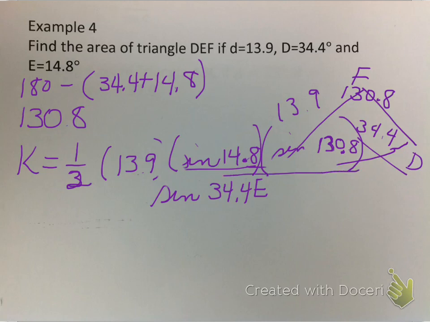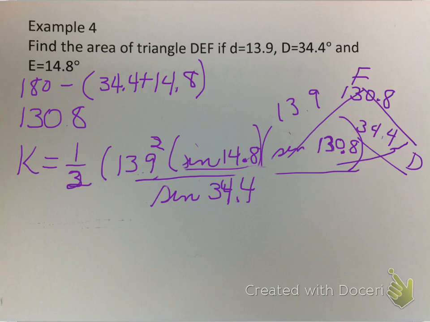And divide it by the sine of 34.4. So let's just talk about calculator entry. I'm really making a mess here. I don't have time to redo this, so y'all are just going to have to bear with me because I've got to get this uploaded for you guys.